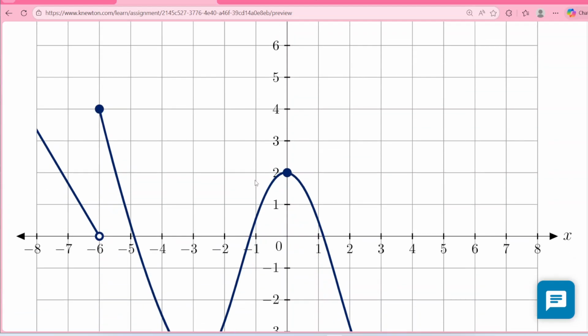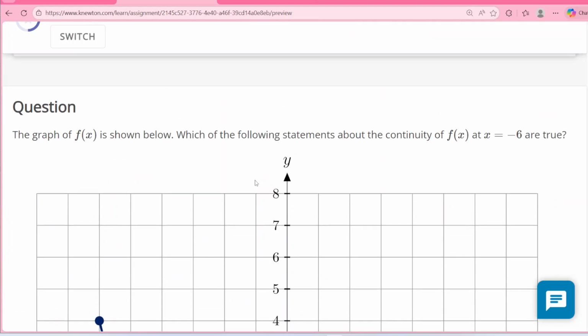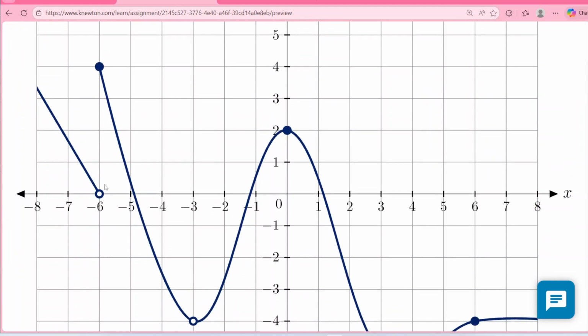All right, so another one with a graph, very nice. Look at the graph of this function, and which of the following statements about the continuity of f at x equals -6 are true? Here's what happens at -6. There's a solid point where x equals -6, so the value of the function exists and is 4.